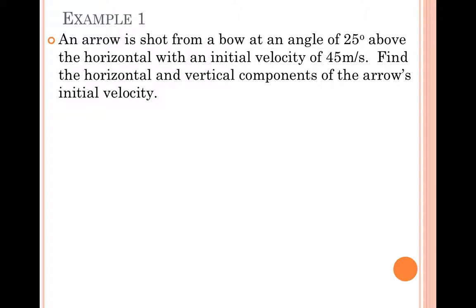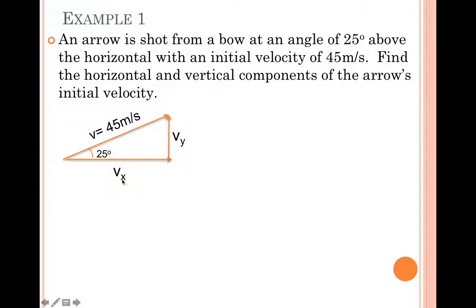Okay, so this is pretty simple. So there's the vector, and it has a magnitude of 45 meters per second, and it's at 25 degrees above the horizontal, so that means we've got a Vx component and a Vy component initially. It's not rocket science to look at this and see that this is the adjacent side.